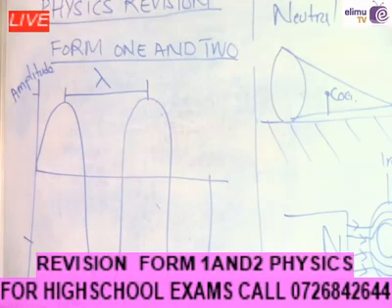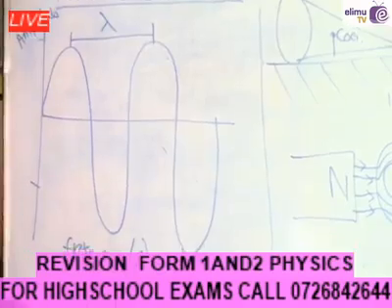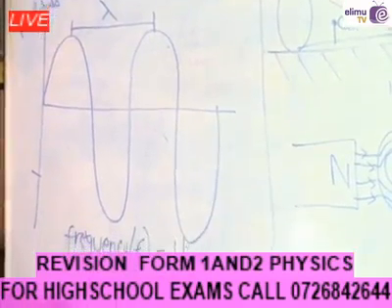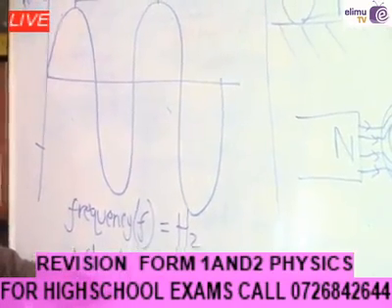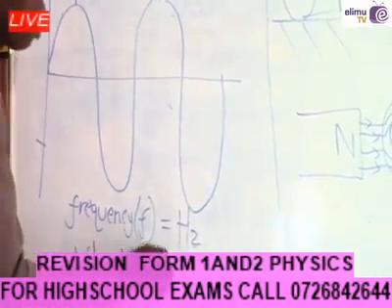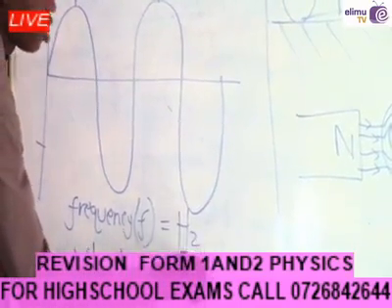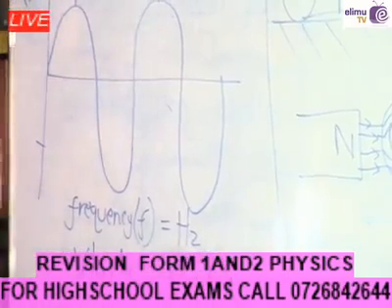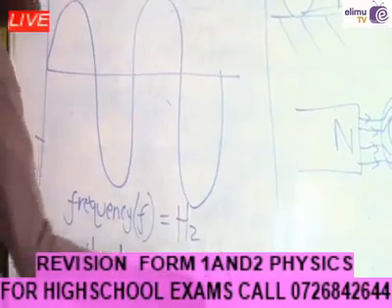So we have frequency, we have wavelength, and therefore we also have the velocity of a wave. The velocity of a wave is calculated as V equals F times the wavelength. That is how we calculate the velocity of a wave.